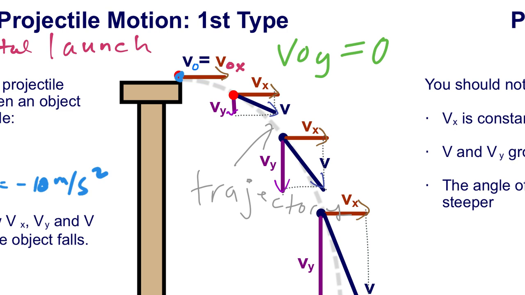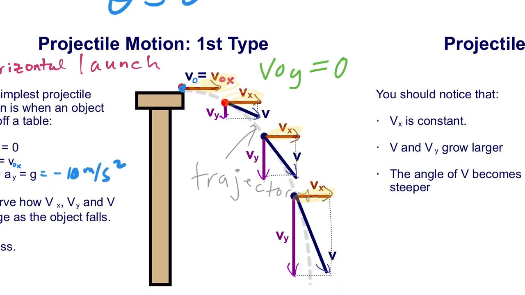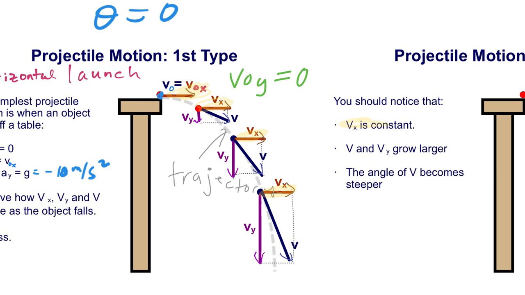You can see right here, the Vx remains the same throughout the whole trip, unless there's air drag, and we assume there isn't. So Vx remains constant. Why? Because AX is 0. There is no acceleration in the x direction.